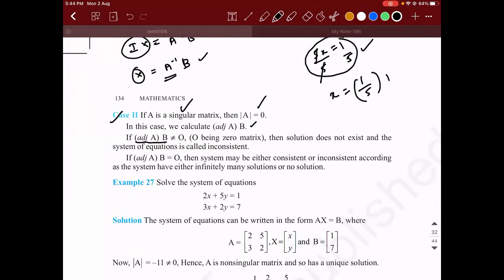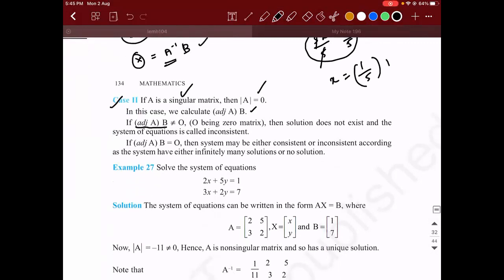Whereas if adjoint of A into B is 0, then the system may be either consistent or inconsistent, according as the system has infinitely many solutions or no solution.